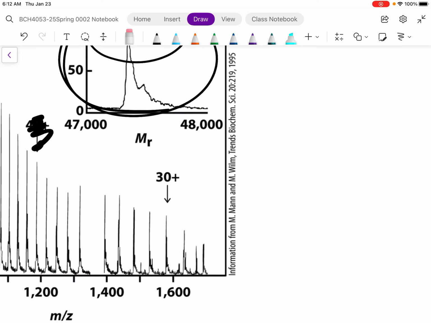Okay, so it's given to us in this particular problem. That peak right there is a plus 30. If we extrapolate down to the x-axis, we find that value is 1579.0666. That's the x value.